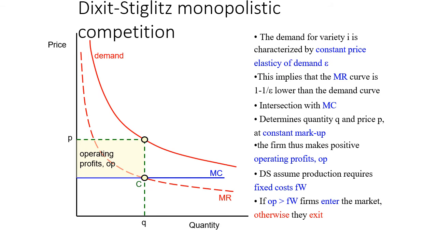Then we find the place where marginal revenue equals marginal cost. Right? We're assuming constant markup. Right? That is the most important thing. And that's going to allow us to determine what price and quantity we're going to actually have for this firm. At the place where marginal revenue equals marginal cost, there is operating profits.